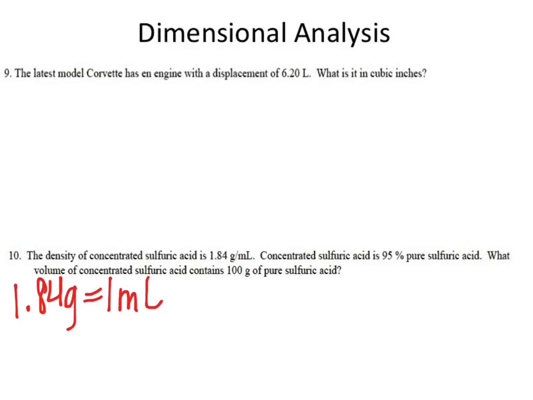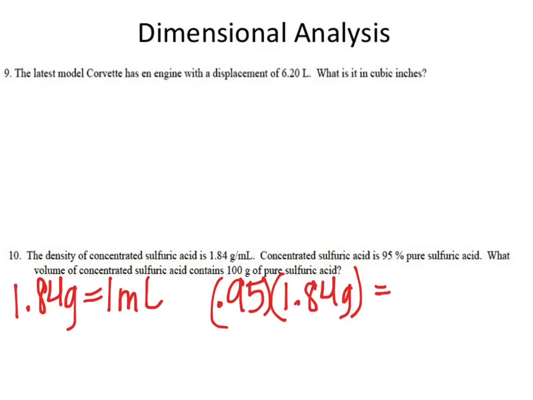Okay? So we know that it's 95%, so we're going to put that into decimal. And we know that 1.84 grams. So when we multiply that, we know that in 95%, there is actually 1.75 grams of sulfuric acid per every milliliter.